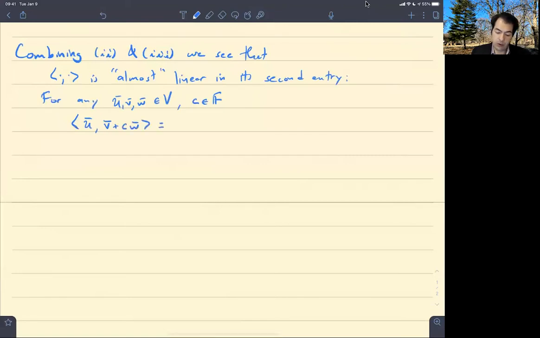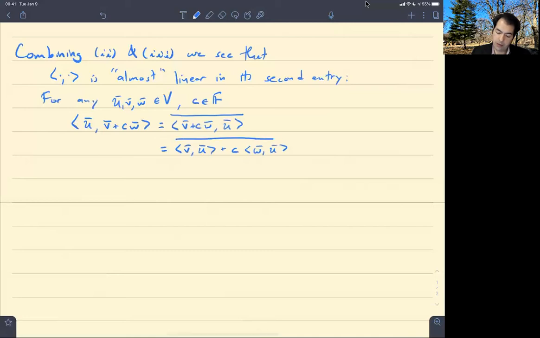Well, what we could do is we can flip the order of the vectors in the inner product, but we pay for it with a complex conjugate. Now, in the first entry, we know that the inner product is linear. So I can write this as the inner product of v with u plus c times the inner product of w with u.